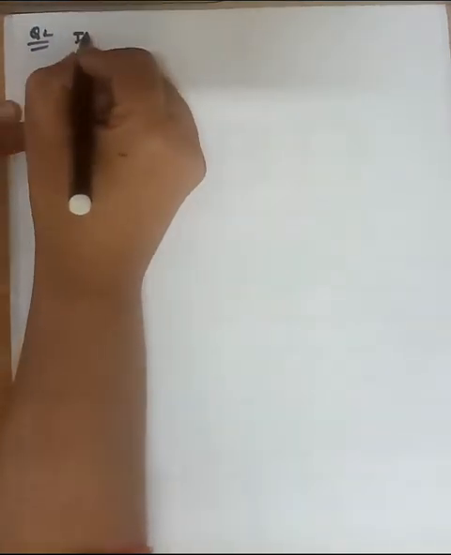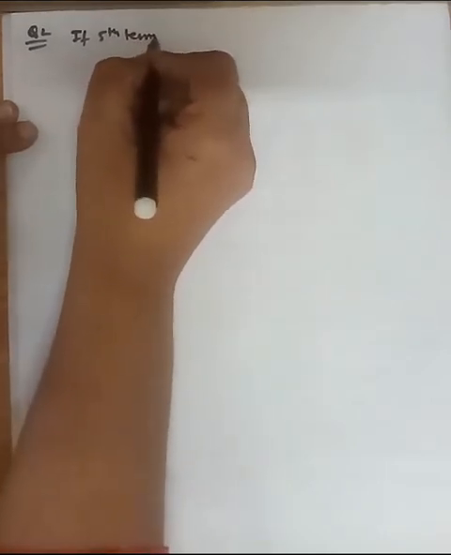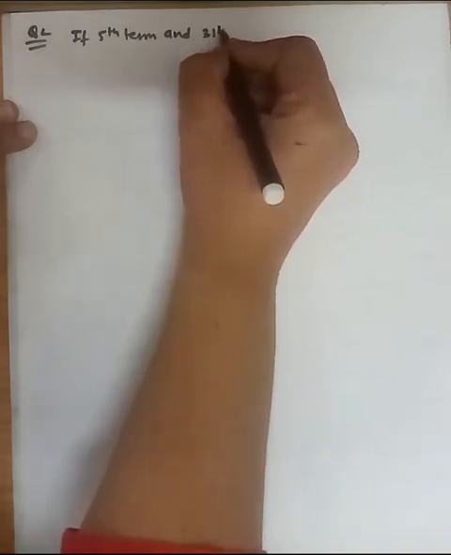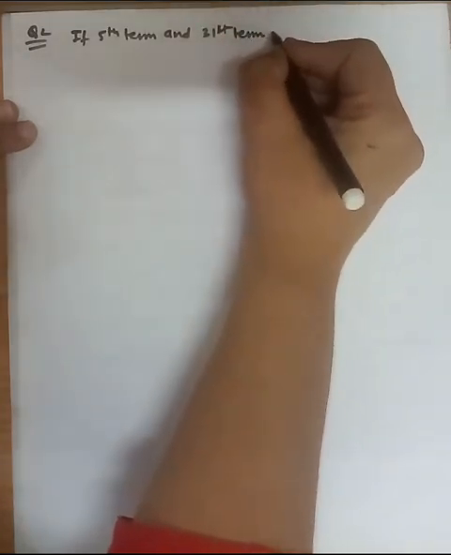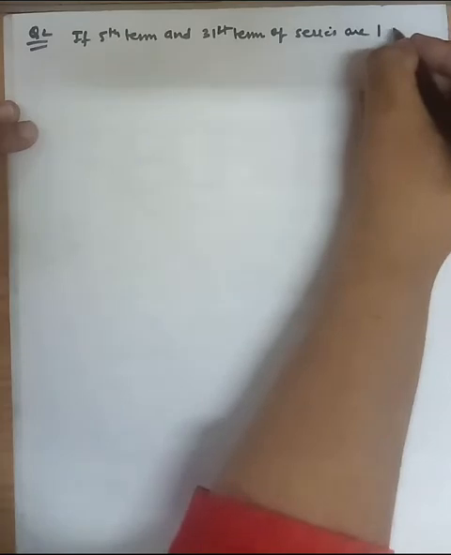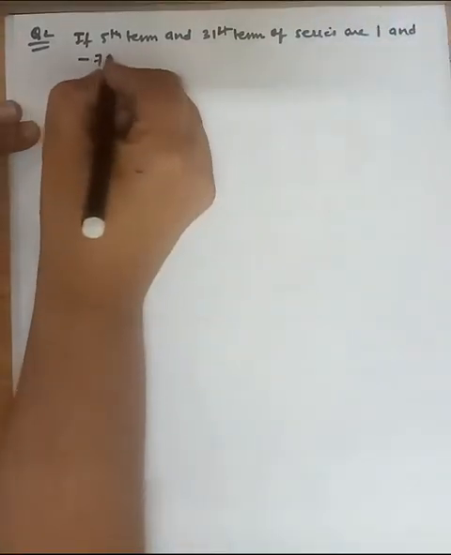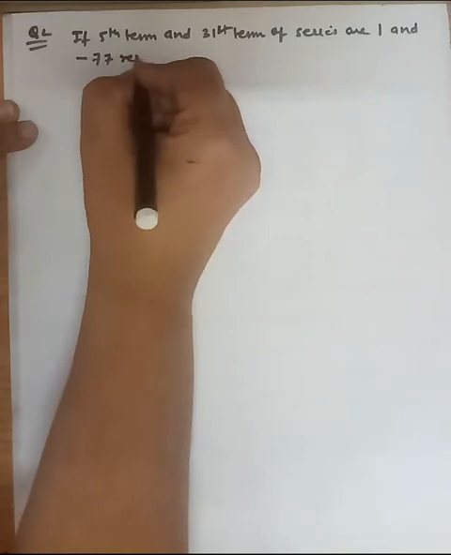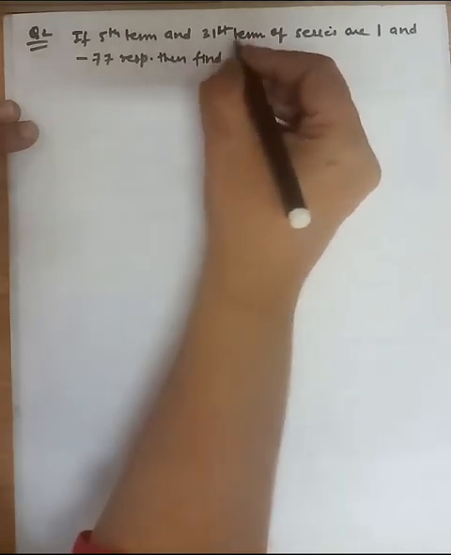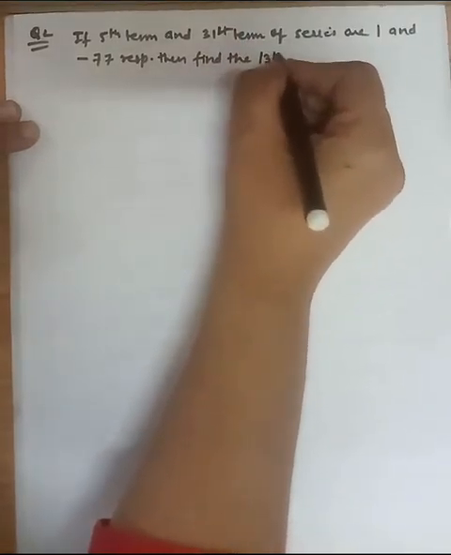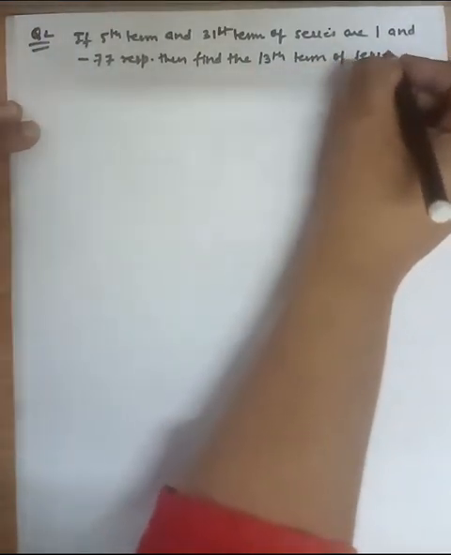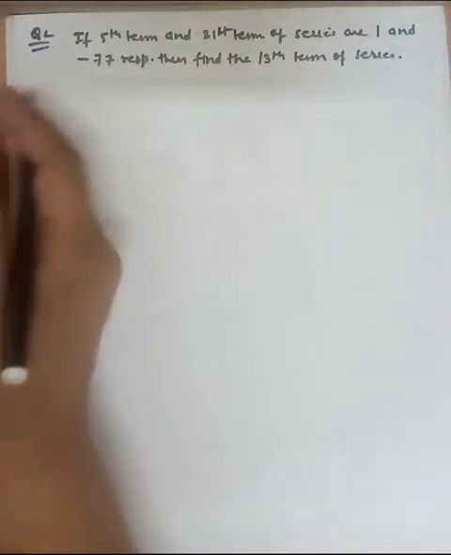So the question is: if the fifth term and 31st term of a series are 1 and minus 77 respectively, then find the 13th term of the series.